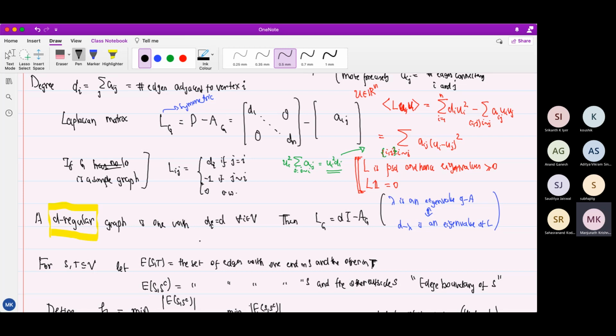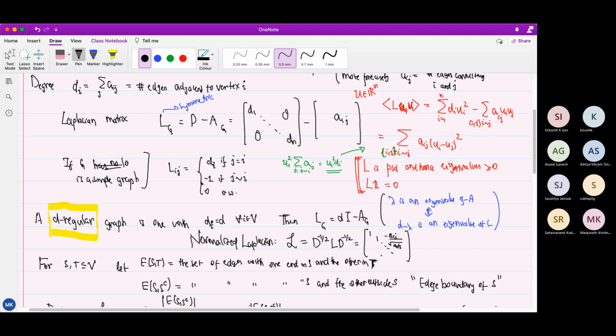Right, okay, so there is also the notion of the normalized Laplacian, which is script L. Instead of this, you take d to the minus half L d to the minus half. Basically, it has ones on the diagonal, and off the diagonal you will have minus a_ij over square root of d_i d_j.